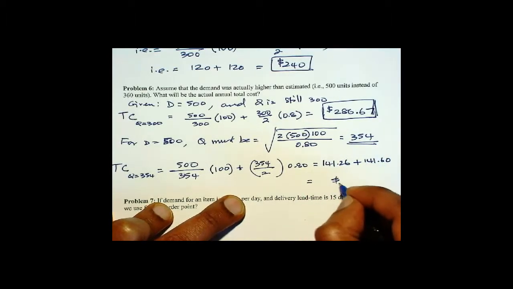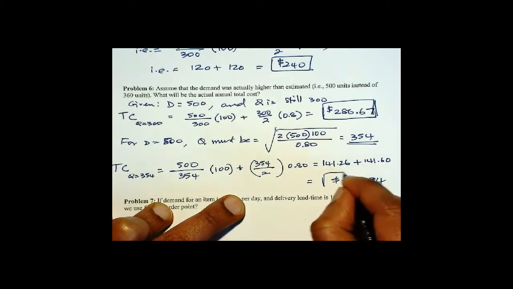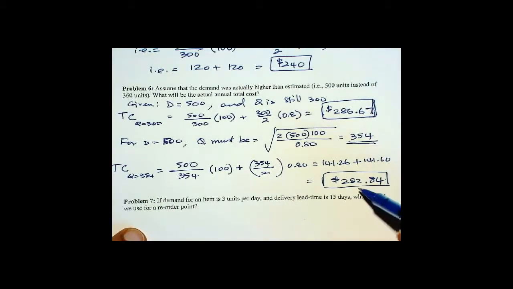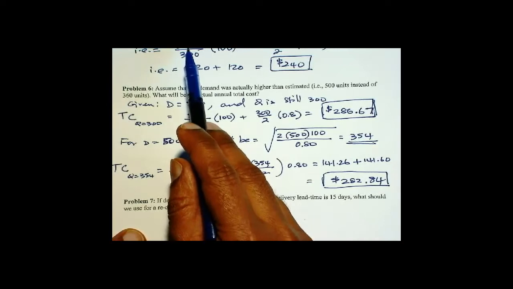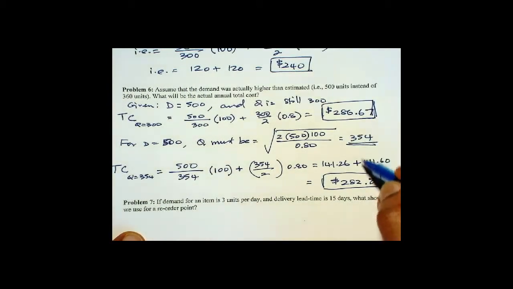So it is 282.84. See, the difference is really very small, about $2 out of close to $300, even though the demand was significantly higher. From 360 it turned out to be 500, and still the change in cost is very marginal.